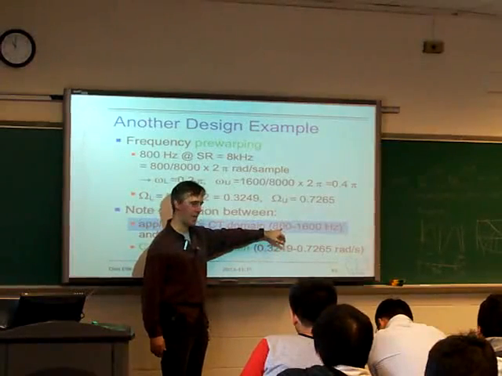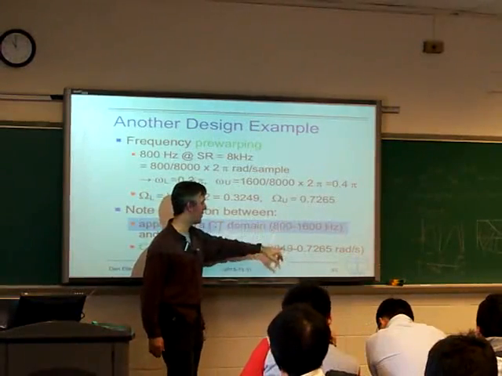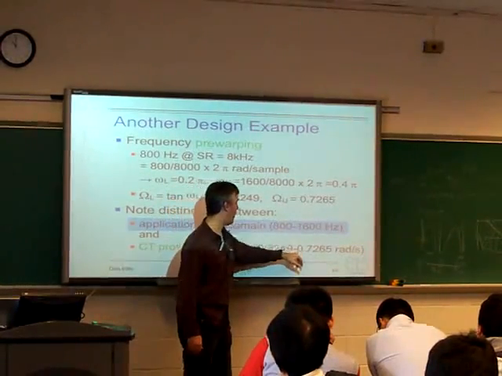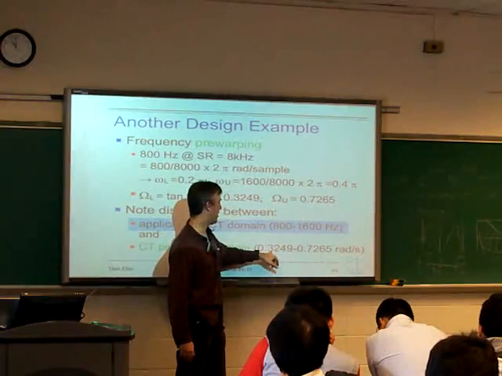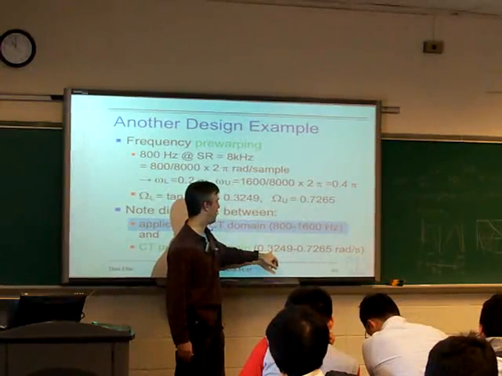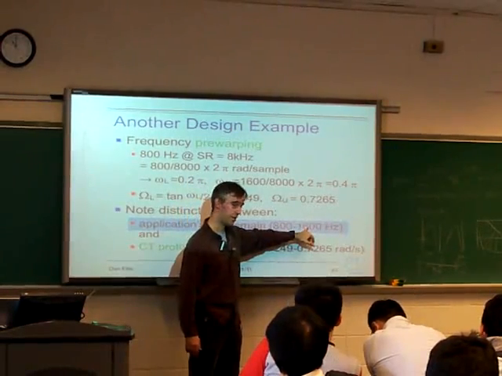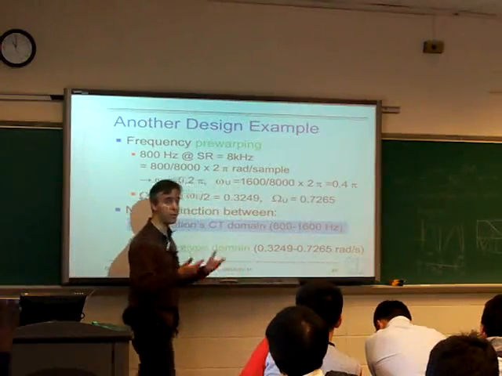But actually, the bandpass we started with is 800 hertz. And then 0.7 is like 2.3 times 0.3, whereas here, the actual higher bandpass edge was 2 times. So they're not even proportional anymore because of the nonlinear warping.